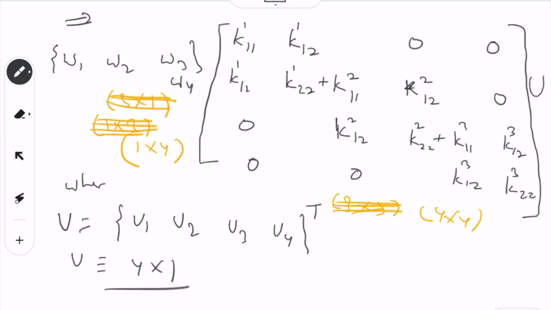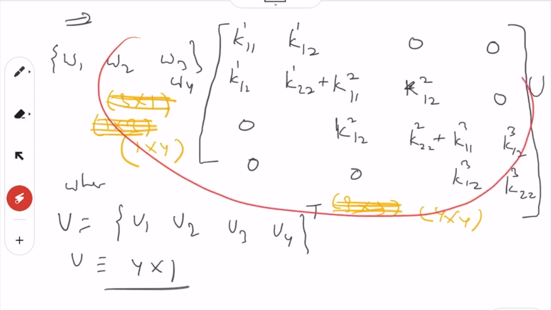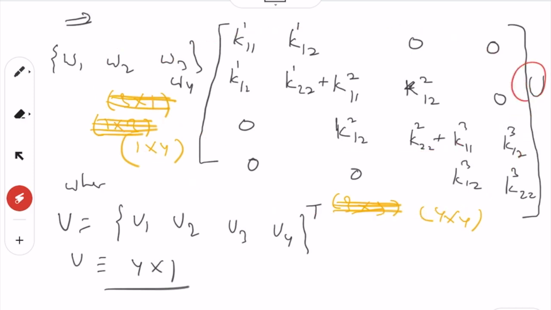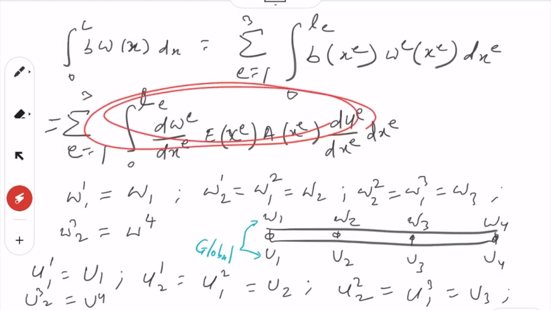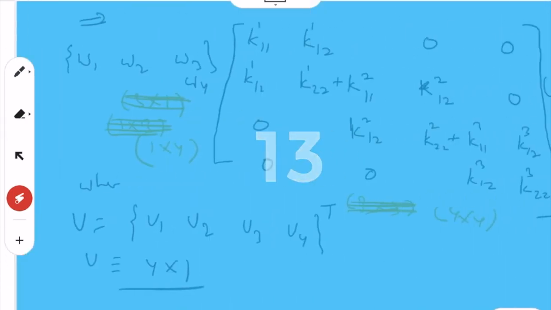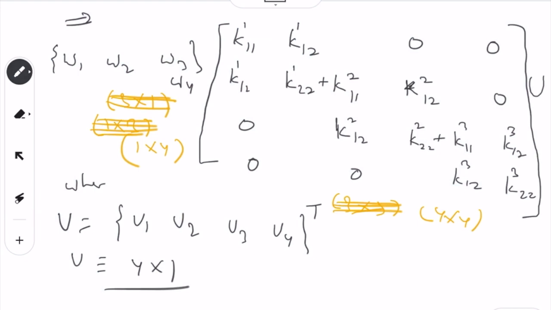So this one is equal to the whole thing we have written here, this multiplied by this multiplied by this, where u is equal to this.